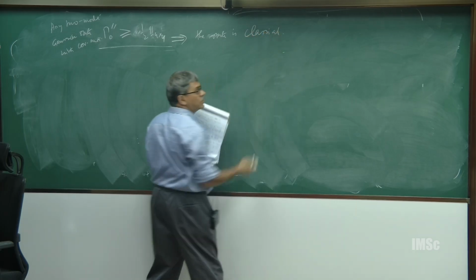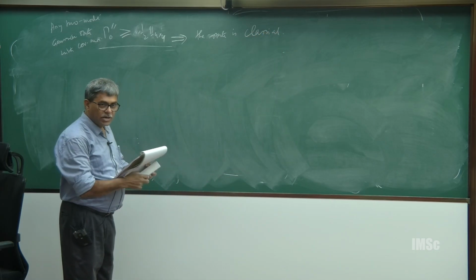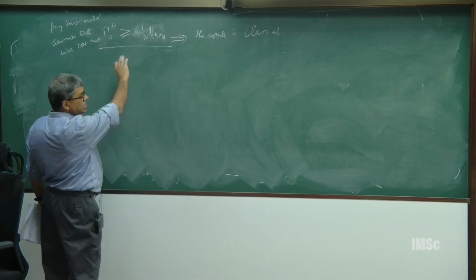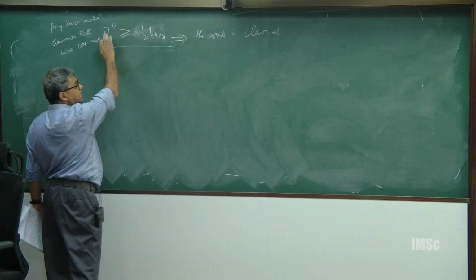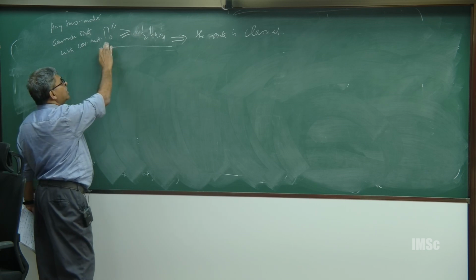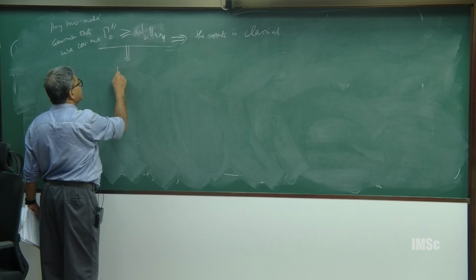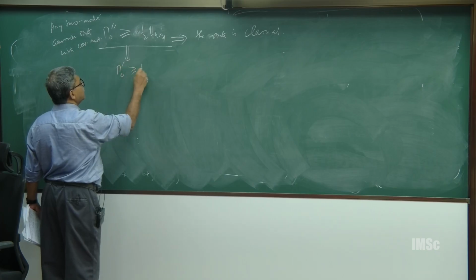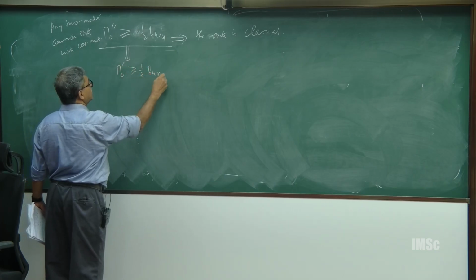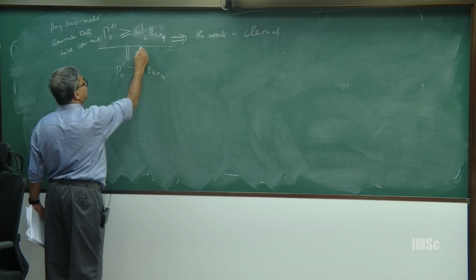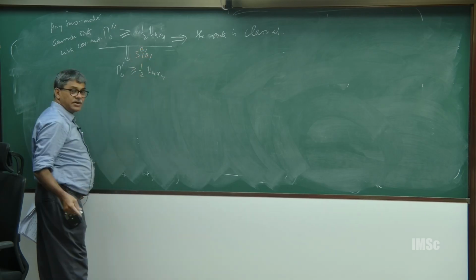So, this is what we are going to prove. Now, this is for the change under this symplectic transformation. As I said, this will imply that gamma 0 prime is greater than or equal to half times the 4 cross 4 matrix, where you got it by this S 3 theta, the mean filter transformation.